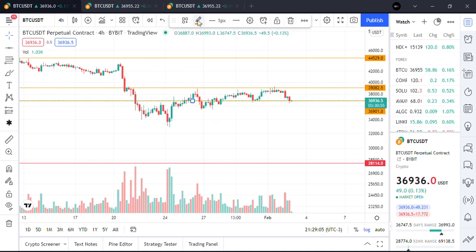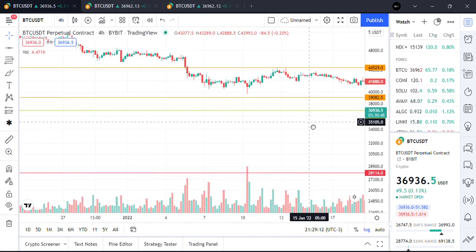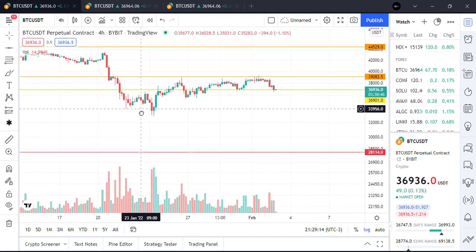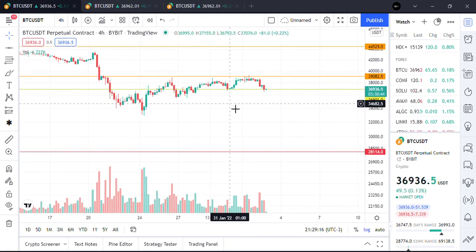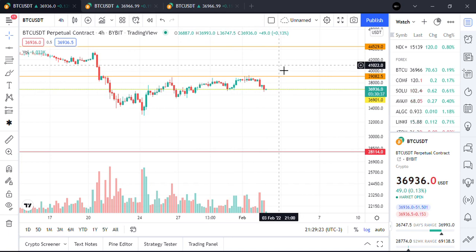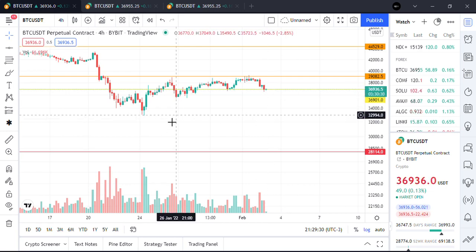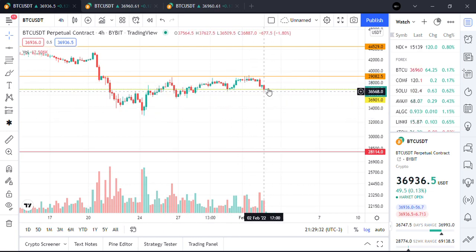Now, because in the 4 hour, we have to change the color so we can identify. Okay, let's say yellow for the 4 hour. So price is trying to bounce on this support here to go back upwards, but let's see how that goes. If price fails to bounce, price will go downwards, and I don't think price will be able to bounce off this line. I don't think so, but if it does, that's better news.